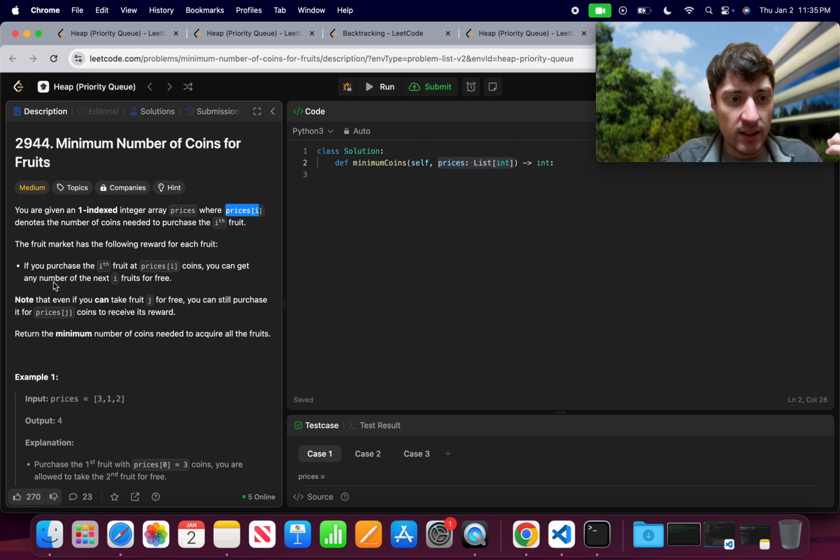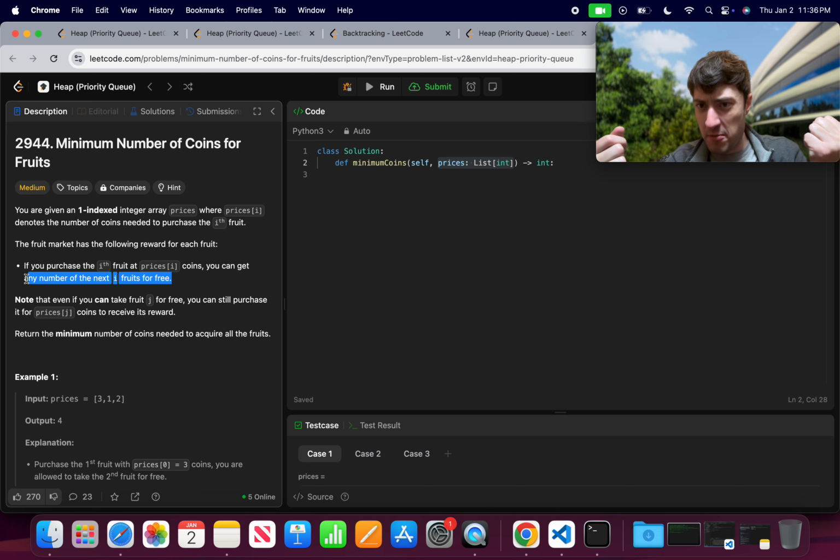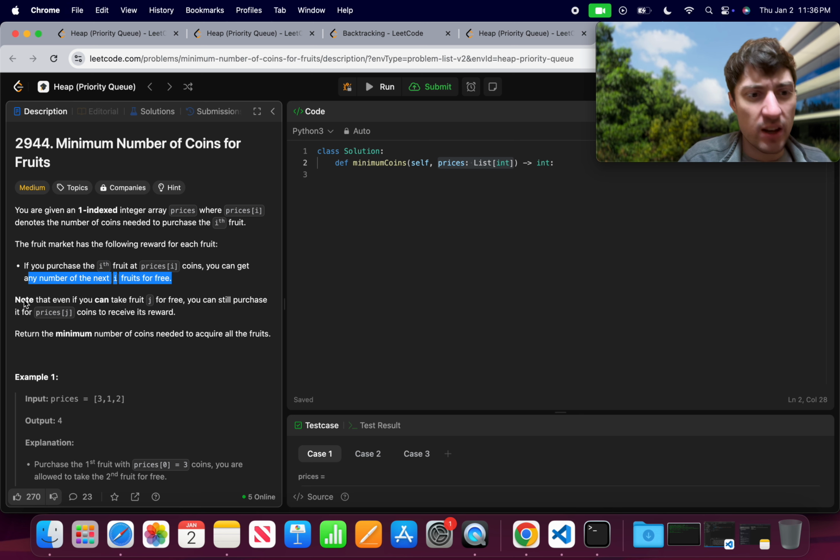You can get any number of the next i fruits for free. So can I get infinity of i plus 1? Is that what it's saying? The fourth index, I can just get infinity of those fruits. Is that kind of what this is saying here?